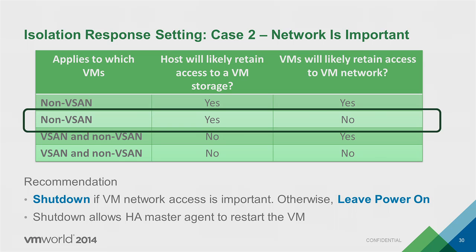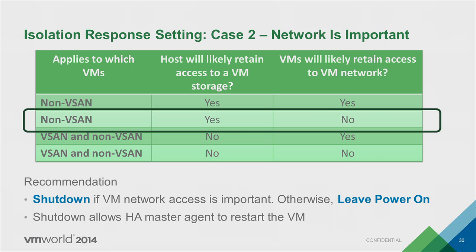An example of the other way, where you lose access to storage and retain access to network, could be a converged network situation where you lost just a particular VLAN, or if you had separate networks for your storage and your networking and you lost just your storage network. Hopefully that helps with clarity on that. Okay, thank you for the clarification.